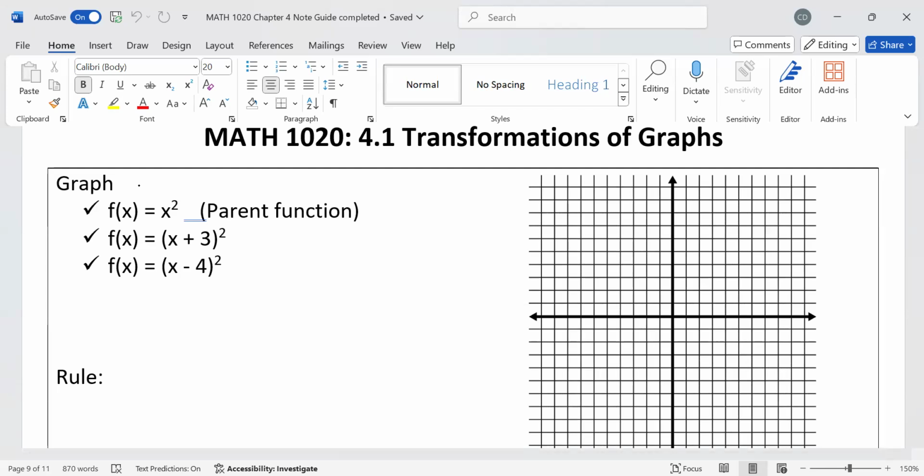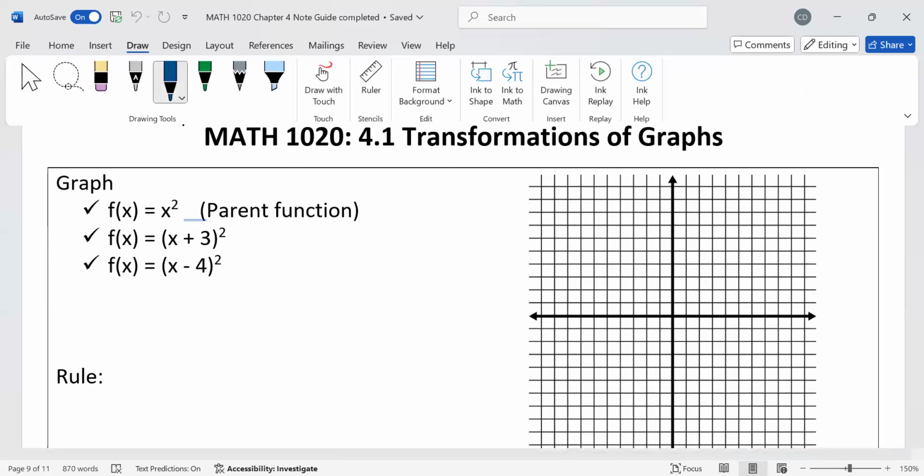And you can put your graphs in here if you need to. So +3 moved it left 3 units. And -4 moved it right 4 units. And this is the terminology that they use in MyMathLab.